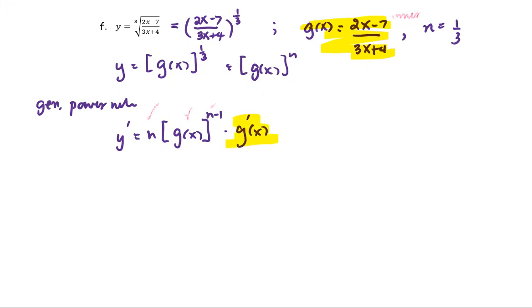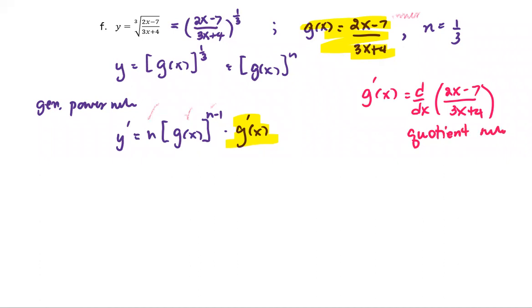So on the side notes here, I'm going to find g prime, which is the derivative of the quotient 2x minus 7 over 3x plus 4. To find the derivative of the quotient, we're going to use the quotient rule.